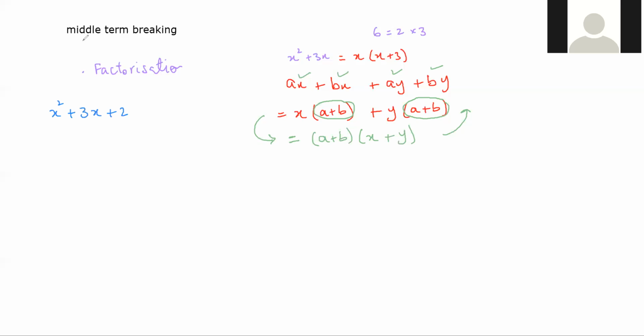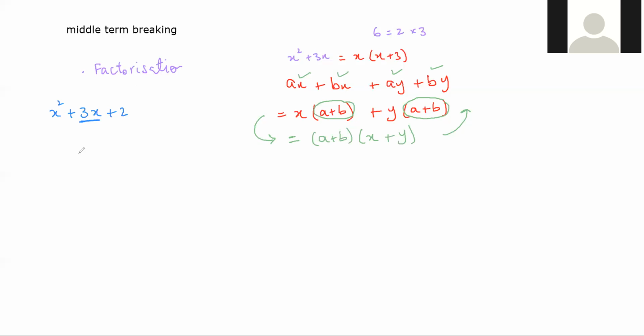When we are doing that, we are converting this 3-term expression into a 4-term expression. And how do we do that? We break this middle term into 2 terms, so that there are 4 terms, with a common factor in the first 2 terms and a common factor in the last 2 terms.